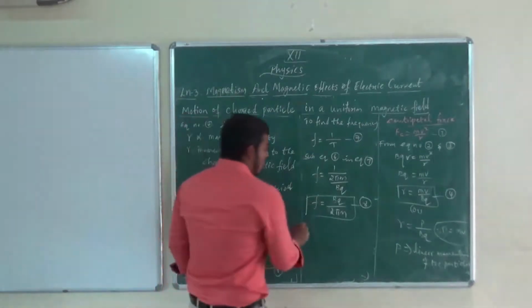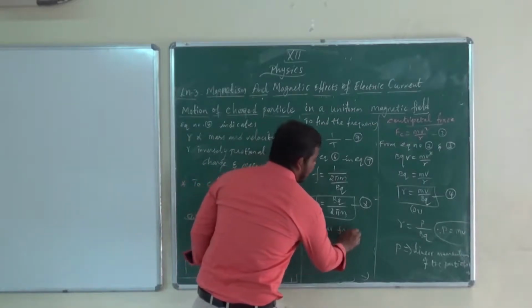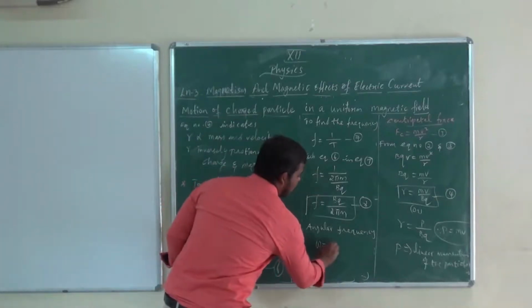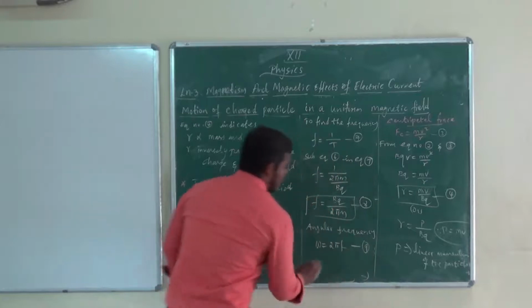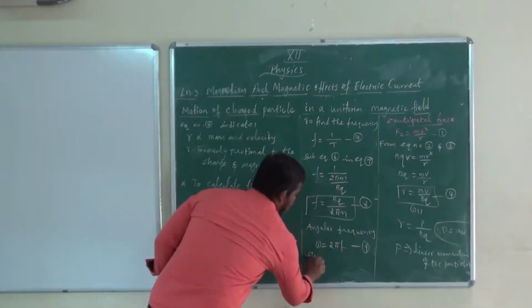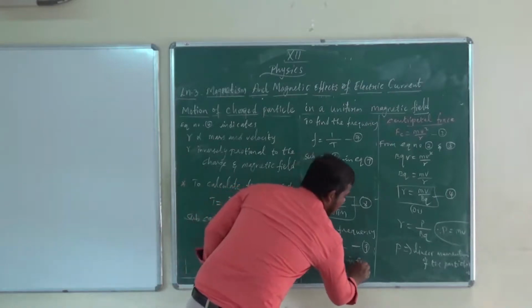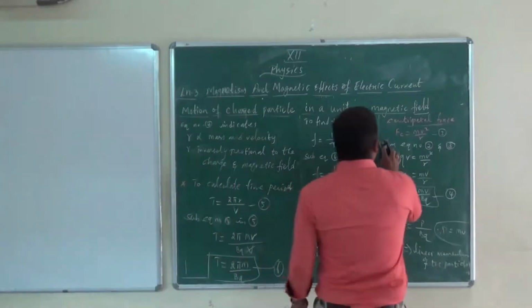Next, angular frequency. Why do we get angular frequency? Because we are dealing with circular motion. Omega equals 2 pi times frequency, equation number 9. Substitute equation 8 in equation 9 and we get the angular frequency. Any doubt?